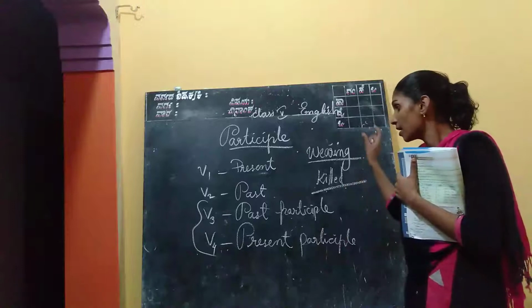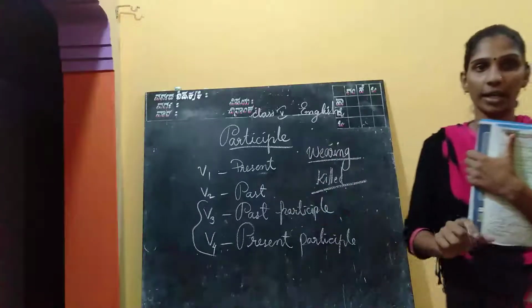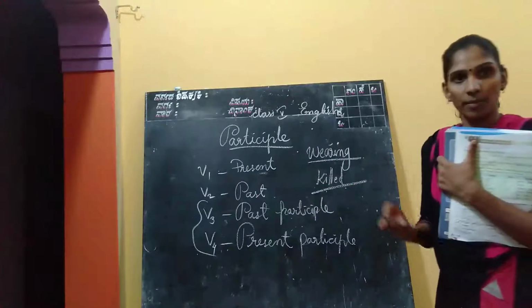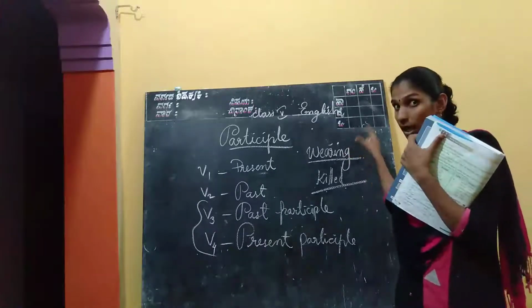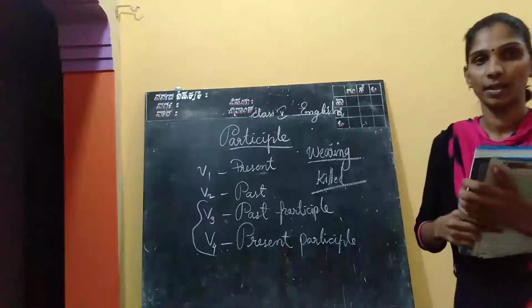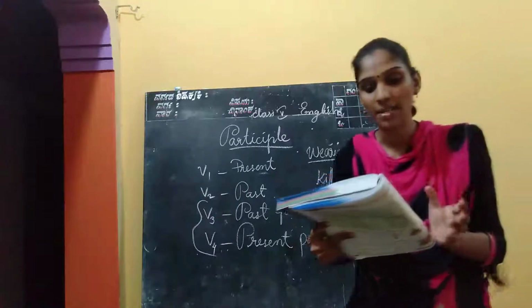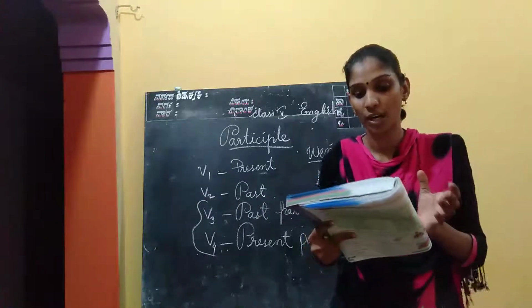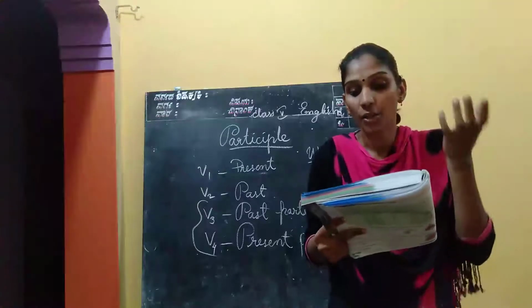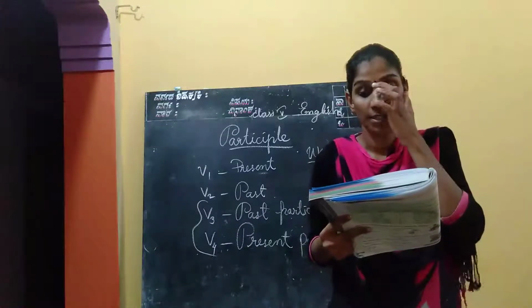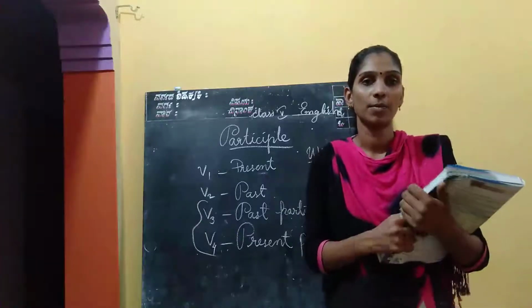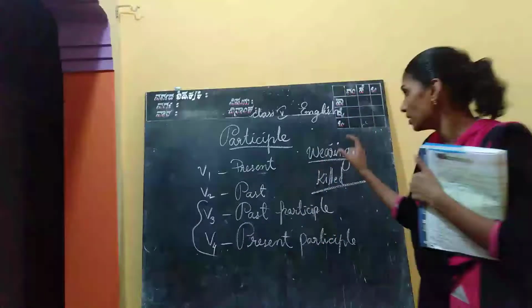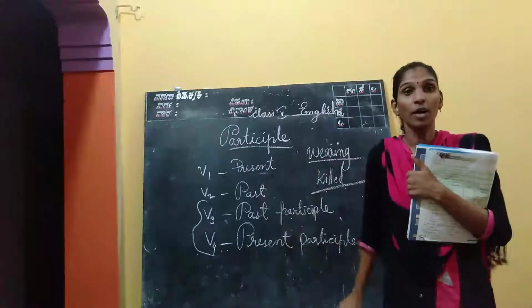In the sense, V3 and V4 are there, past participle and present participle. Okay, see, participles are formed from verbs. There are two types of participles, present participles and past participles. These participles are formed from verbs.